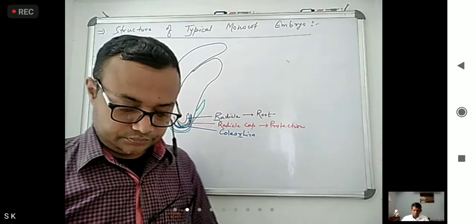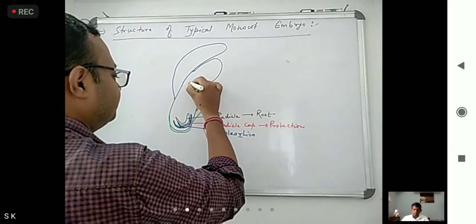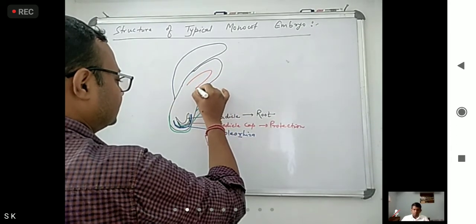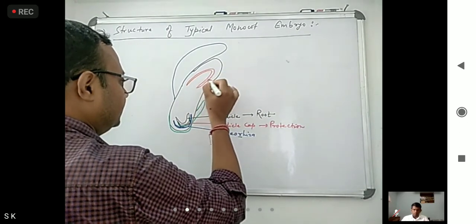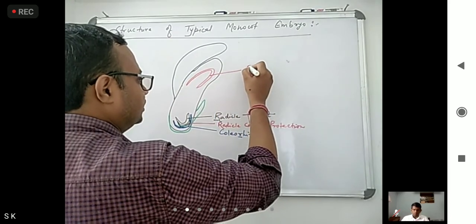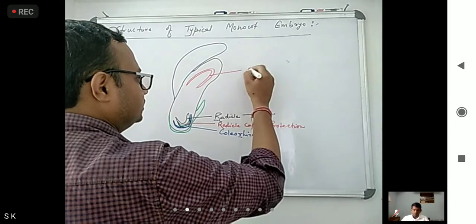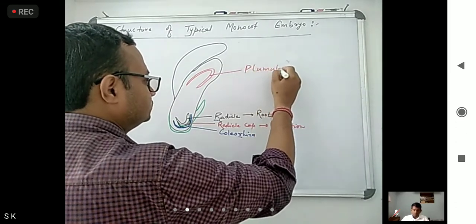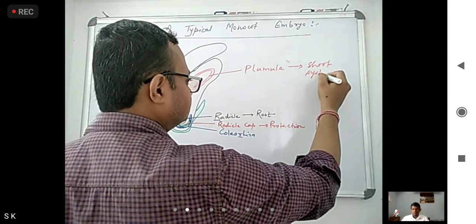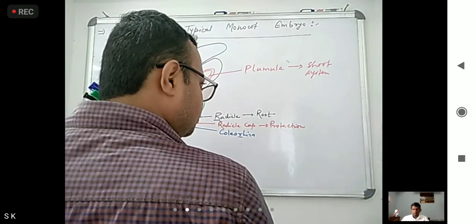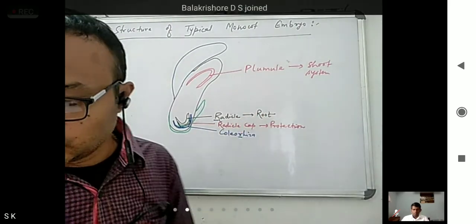Now the upper portion is the plumule. This plumule develops what? Shoot system. The lower one is the radicle, which develops what? Root system.